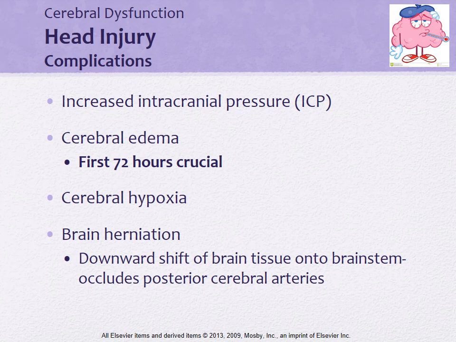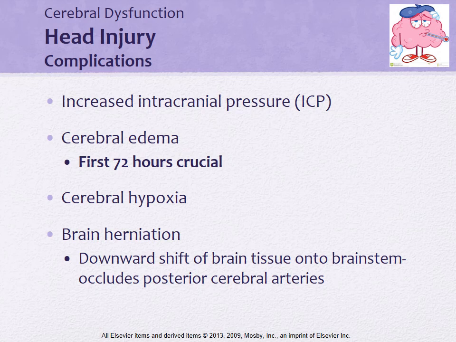And the big one is brain herniation, when there is a downward shift of brain tissue onto the brainstem, and it occludes the posterior cerebral arteries. The edema gets so great and it can occur so rapidly.